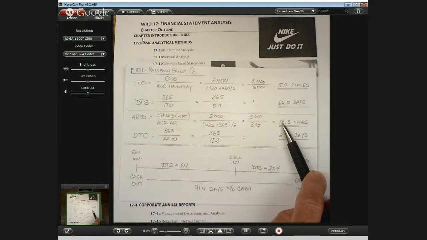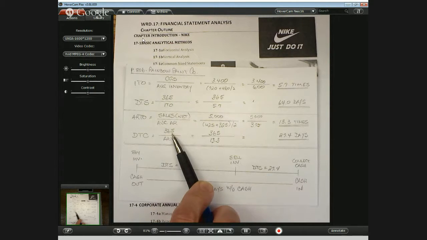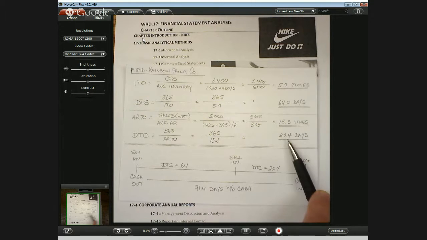Okay, now let's make that into a ratio that really drives this home. That ratio is the DTC, the days to collect. So if we take the number of days in a year and divide it by the accounts receivable turnover, in this case 365 divided by 13.3, there are 12 months in a year, so this is just a little bit quicker than once a month.